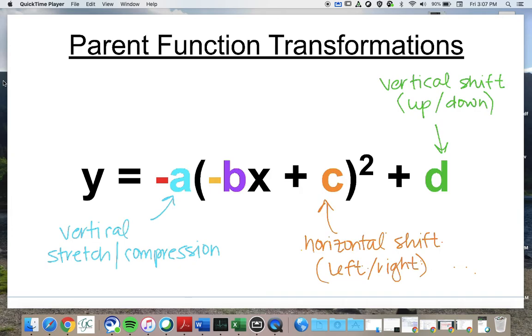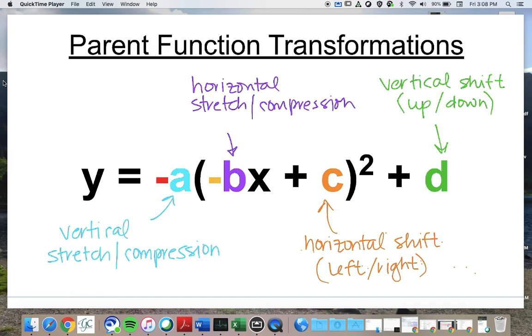They're the same kind of transformation, just two different words. Then if we move that multiplier inside parentheses, we have a horizontal stretch or compression. And again, we'll talk about later in the notes what causes it specifically to be a stretch or a compression, both horizontally and vertically.